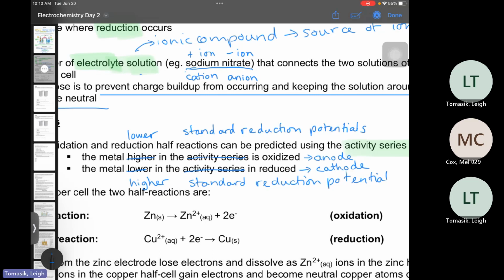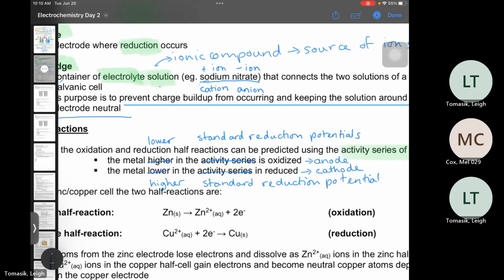In other words, the stronger reducing agent is your anode, and your strongest oxidizing agent is your cathode.